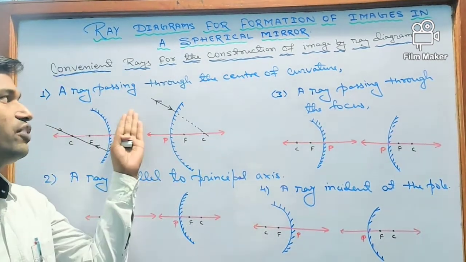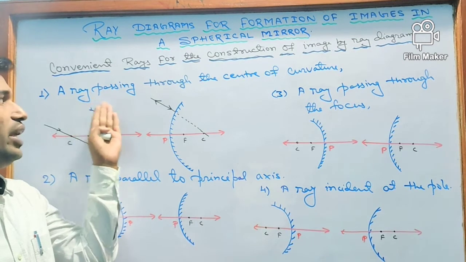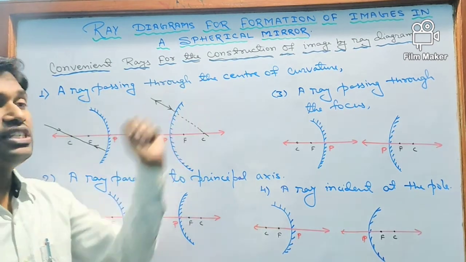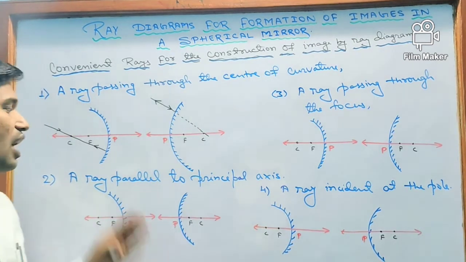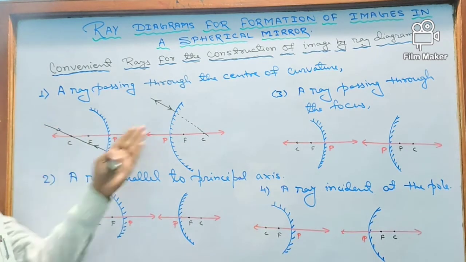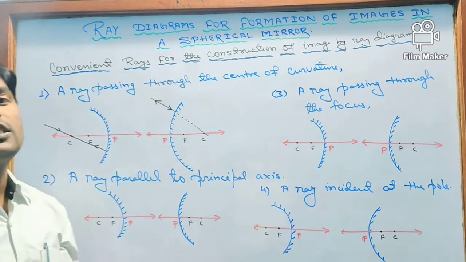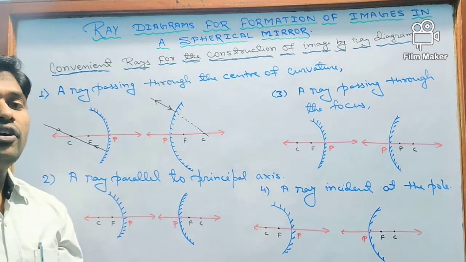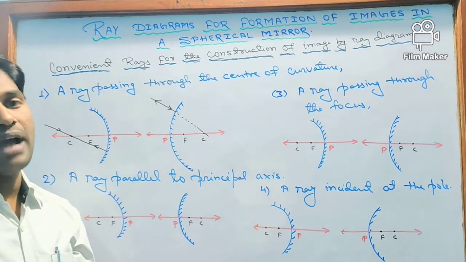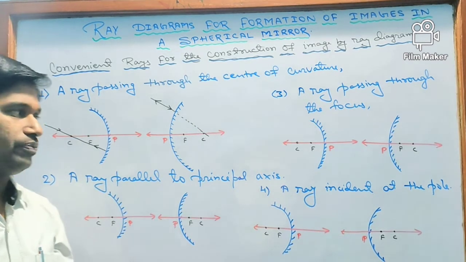So this is the first rule. When a ray passes through the center of curvature, after reflection it retraces its path, reflected back along the same direction.